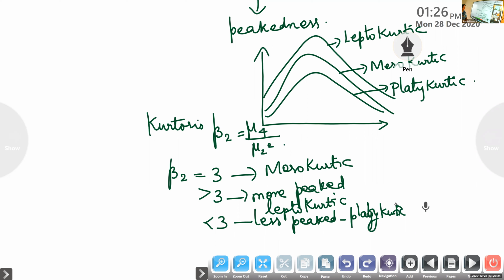Meso means middle. If it is greater than 3, it is more peaked, and we call it leptokurtic. If beta 2 is less than 3, it is less peaked, and we call it platykurtic. Is it okay, children?